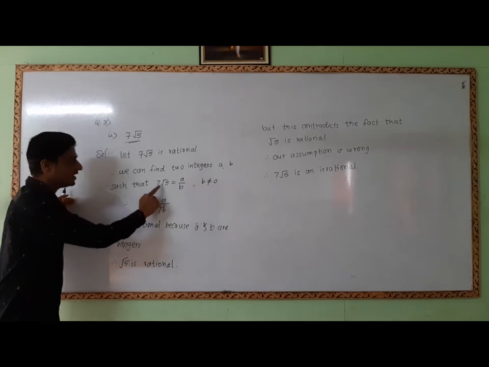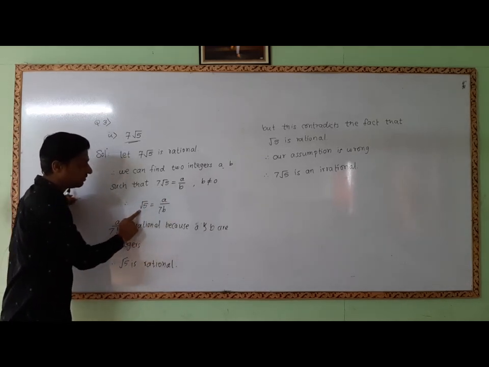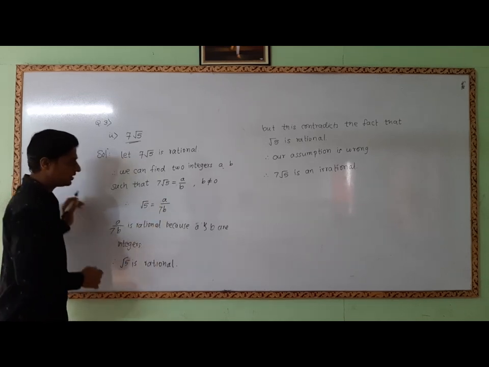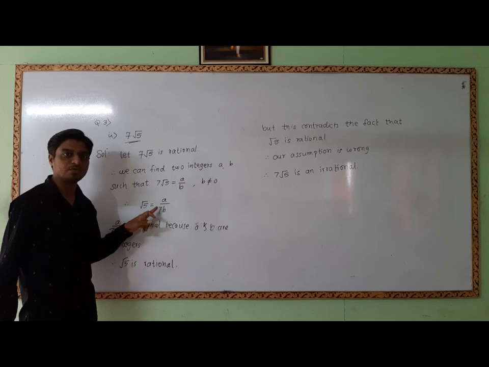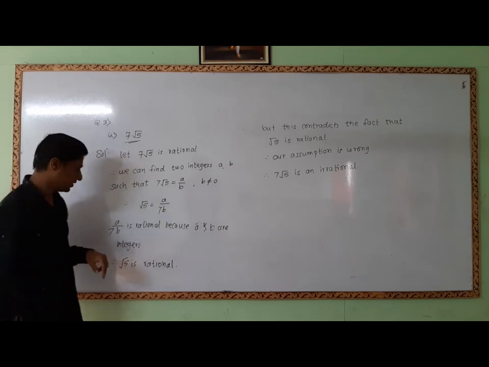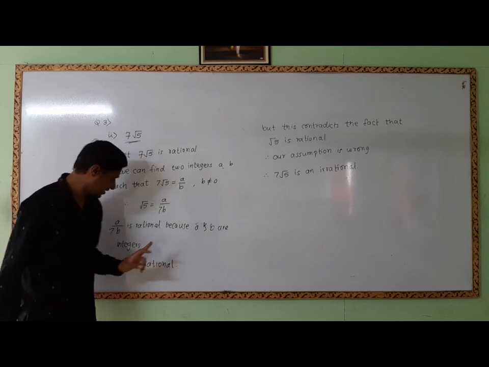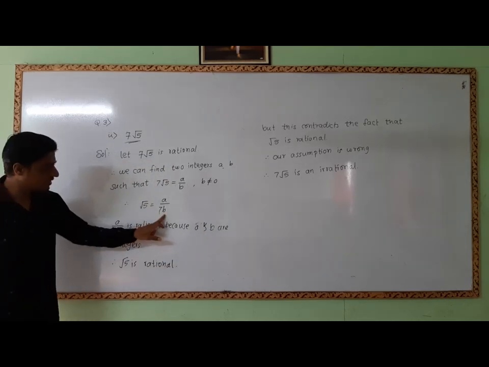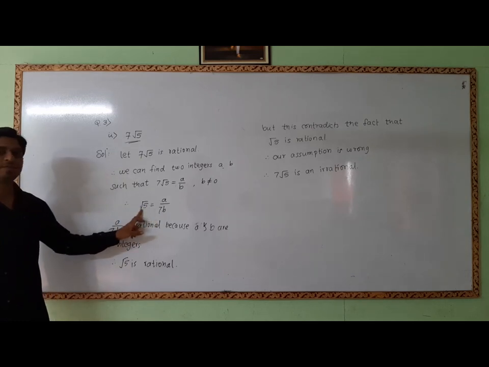If we rearrange this equation and shift 7 to the right side, then root 5 will become a upon 7b. Now this number is in the form of p upon q, that means rational form. So a upon 7b is rational because a and b are integers. If this number is rational, then this equal to sign indicates that this number must be rational.